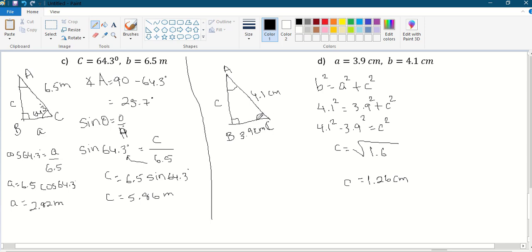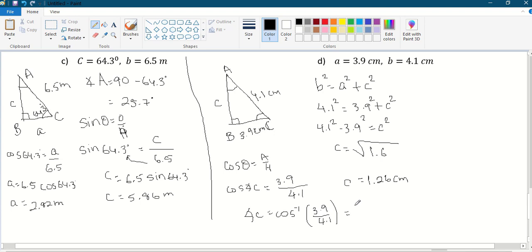Now to find angle, it doesn't matter which one we solve first. Let's say we decided to solve for angle C first. With respect to angle C, we are given adjacent and hypotenuse. The one which connects adjacent and hypotenuse is cos. So cos theta equals adjacent over hypotenuse. In our case, cos angle C equals 3.9 divided by 4.1. So angle C will be cos inverse 3.9 divided by 4.1.